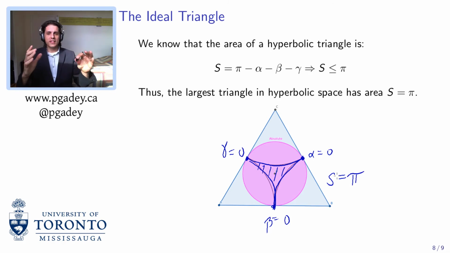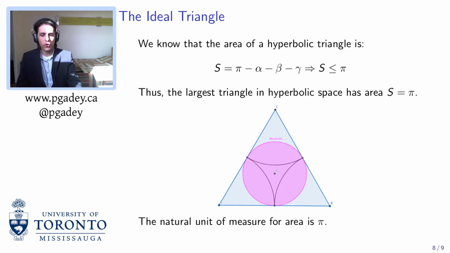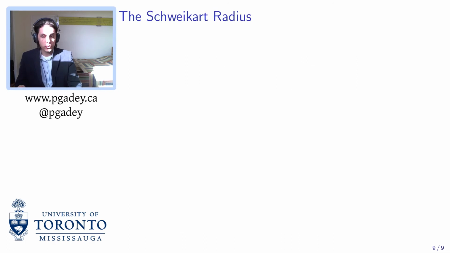So this ideal triangle creates a notion of area for us. It defines the natural unit of area on the whole hyperbolic plane. So this is our reference triangle.